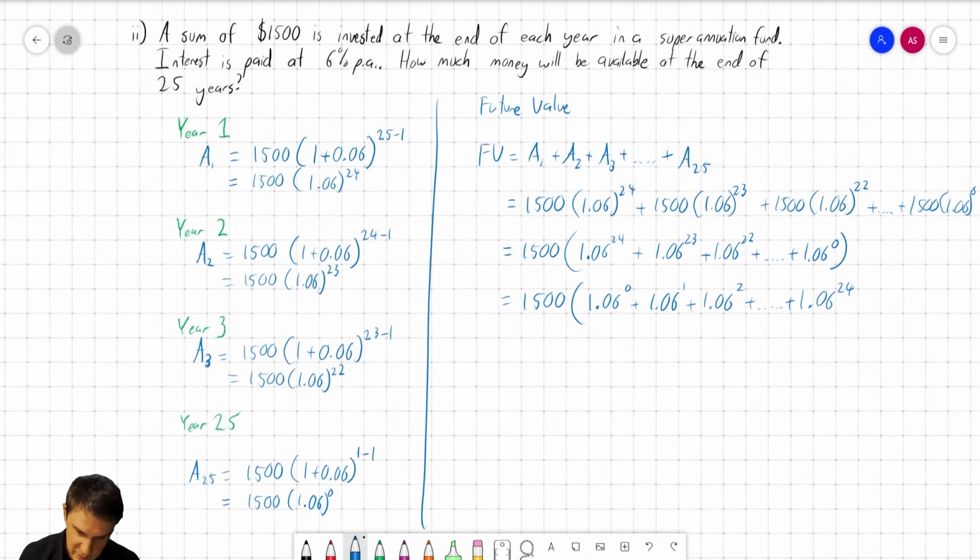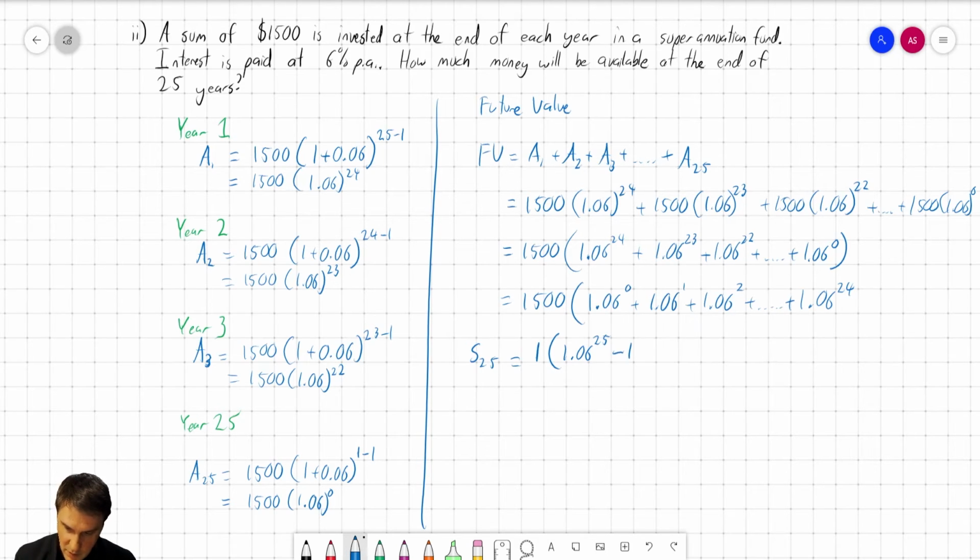Now, as we work this out, our sum of 25 of these amounts here, well, this is going to be equal to 1, because that's the first value that we have in this here. Then it's going to be bracket 1.06. Okay, now the power here is actually going to be 25, because there are 25 in here. It's just the first one is to the power of 0, so it works out to be 1.